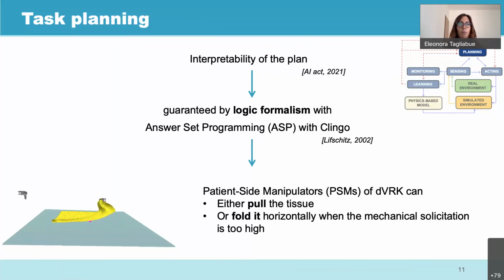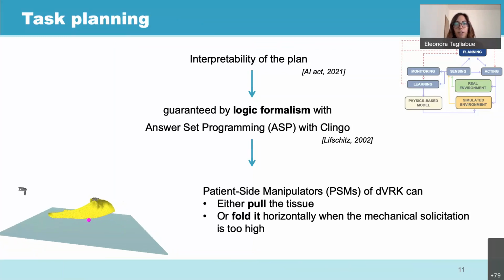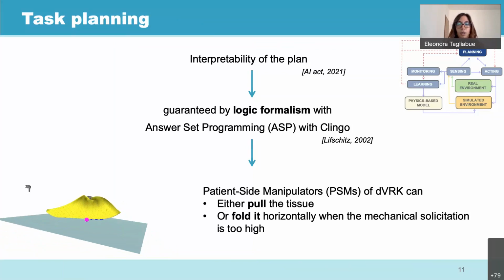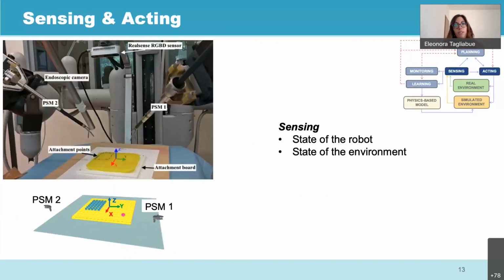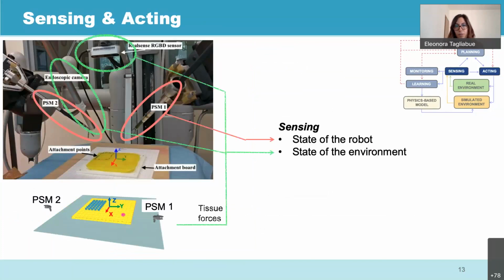Then, in order to accomplish the task, our task planner implements two different kinds of actions: the pulling of the tissue vertically and the folding horizontally when the mechanical solicitation is very high. Then we have a sensing module that continuously receives the state of the robot and the state of the environment.